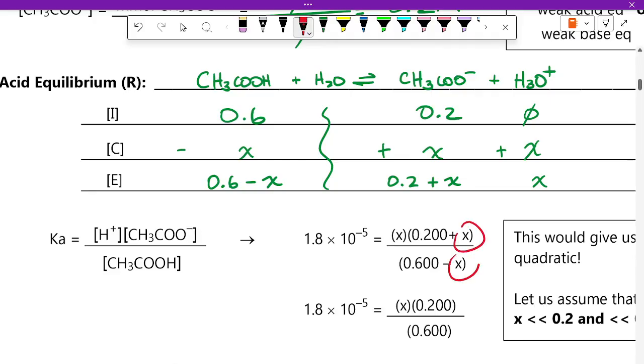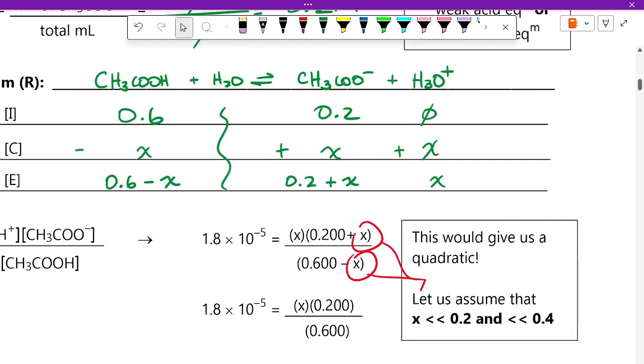So here and here, we are going to assume that x is less than 0.2 or 0.6, or you can say assume x is insignificant. Sorry, it should be 0.6. Yeah, sorry about that.